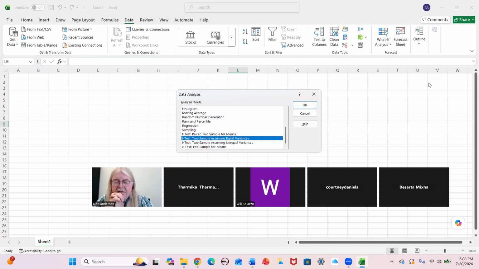But it's important to know that with two populations like this that we're comparing to each other, there are two cases that we need to be aware of, one with equal variances and one without. And if you're using your calculator for this, it will ask you which one you mean.